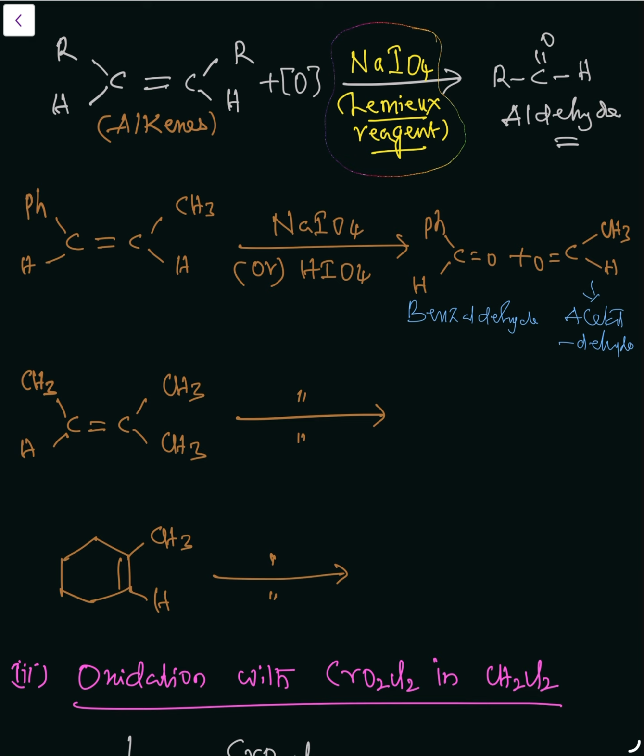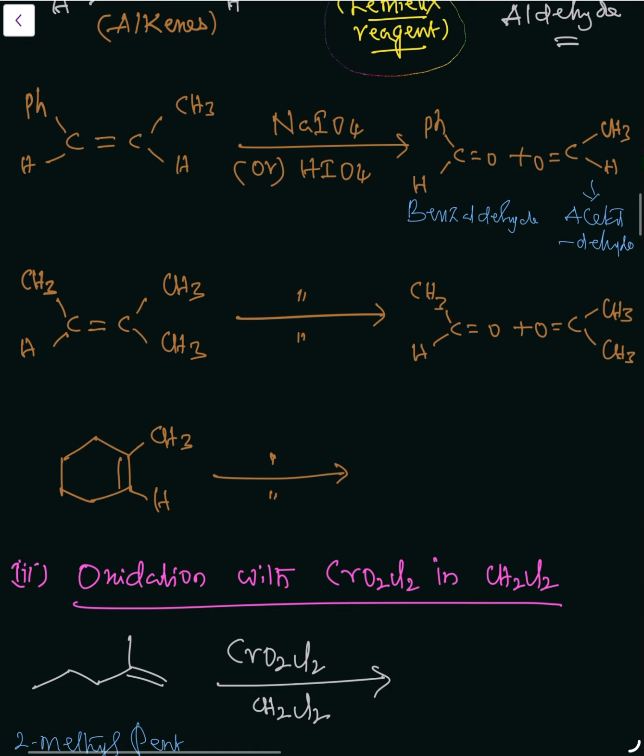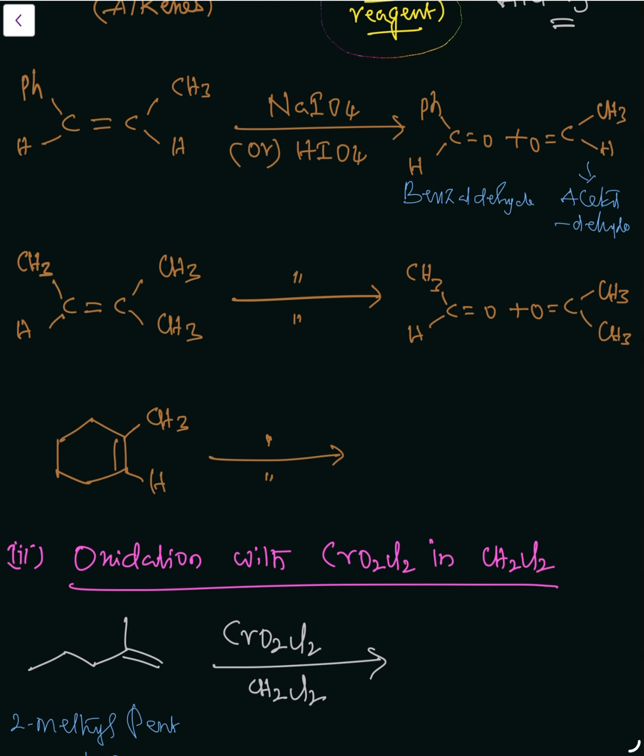Then the compound formed is CH3C=O plus CH3CH=O. Next, let us consider this compound. Here we'll get CH3C=O, and here also CH=O.